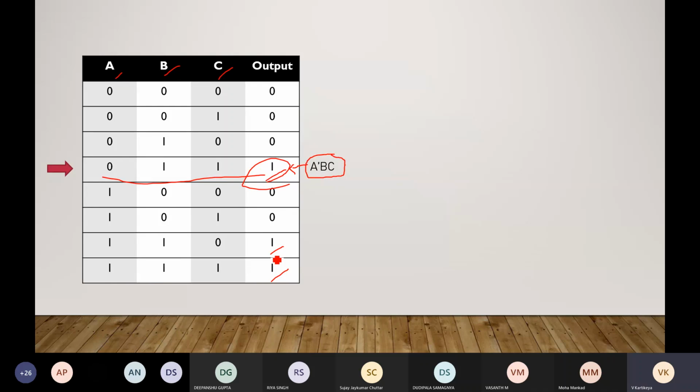But we also have two more combinations where the output is 1, these two which have been marked. For those also, we need to find the product expression. For this it's A, B, C dash, because C dash is 1 when C is 0. And for this it is ABC, because everything is 1.